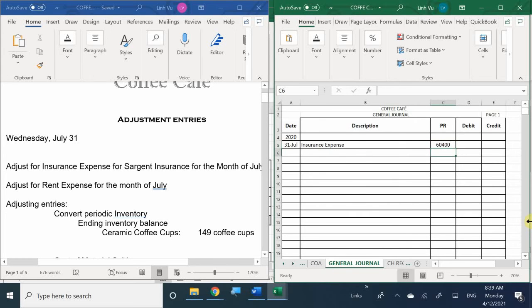Okay. Now, do you guys remember way back when we purchased the insurance? If we purchased insurance, what did we purchase? We purchased a 12-month plan, right? So where did we put the rest of the 11 months?